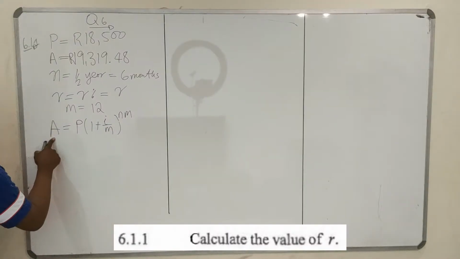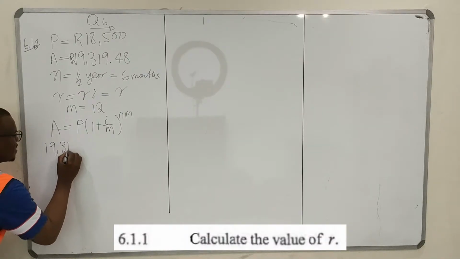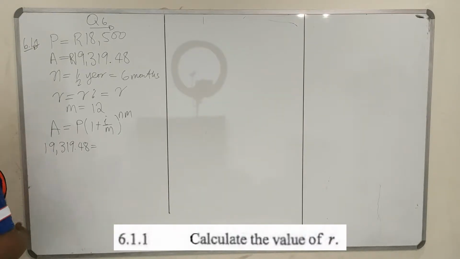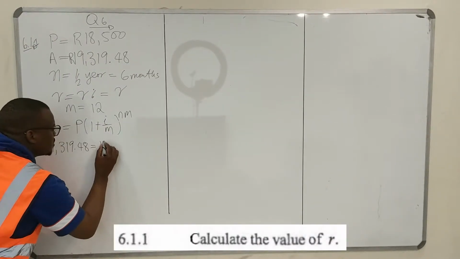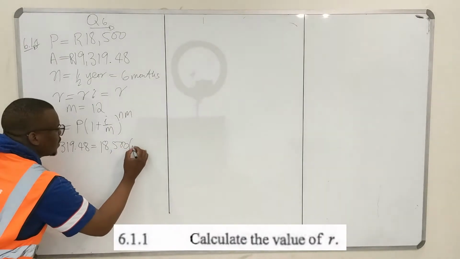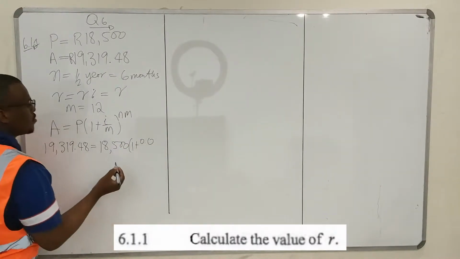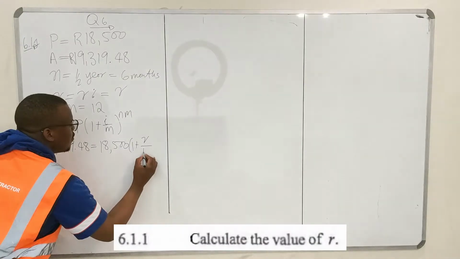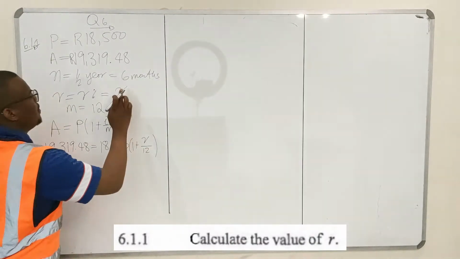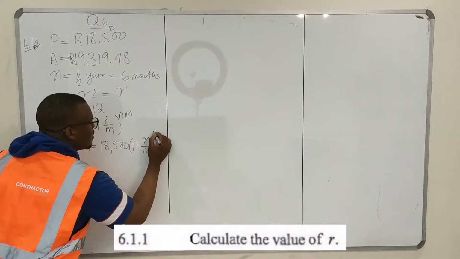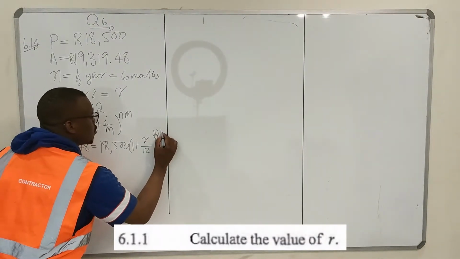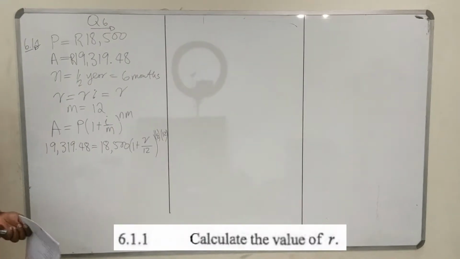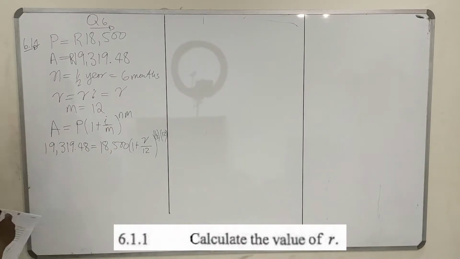So you're given that the accumulated amount, 19,319 rands 48 cents, is equal to the principal amount, the initially invested amount, which is 18,500, times (1 + ...). Actually, you don't have the interest rate, so it's R over 12, raised to nm. What is n? n is half a year, the number of years, times m, which is 12. Those are your compounding periods. Then you solve for R, straightforward.